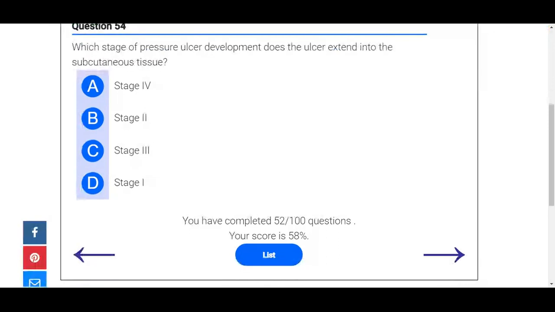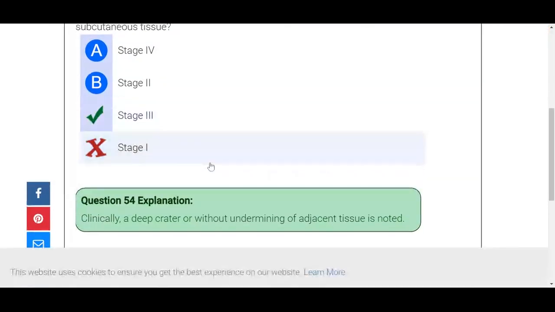Okay then. Which stage of pressure ulcer development does the ulcer extend into the subcutaneous tissue? Now, talking about subcutaneous. Is it stage 1? It's stage 3.